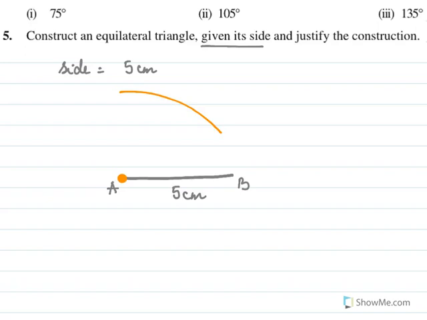Next, keep your compass at B and with radius 5 centimeters cut the previous arc, say at point C. You join. This triangle will be an equilateral triangle. Triangle ABC is equilateral.